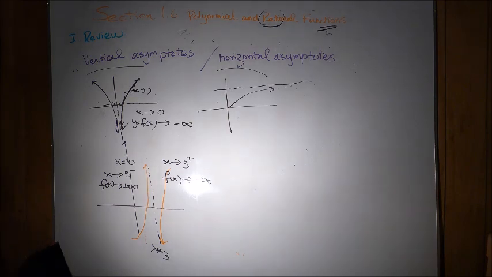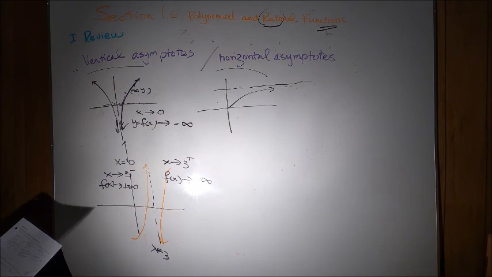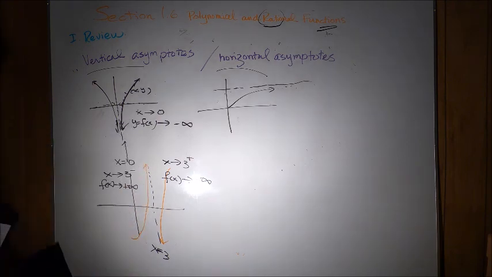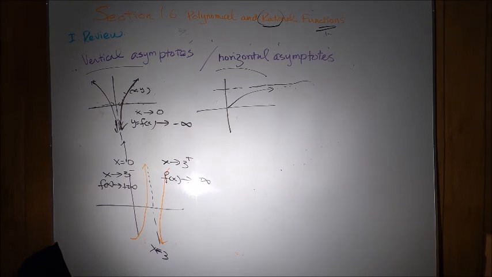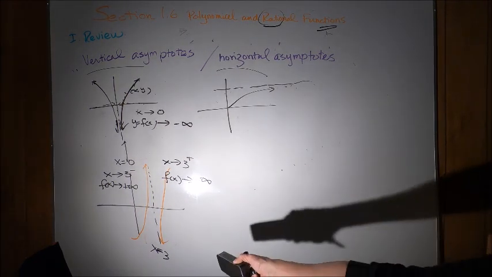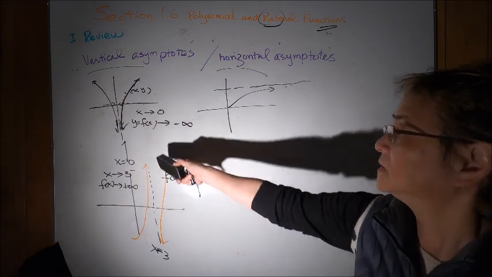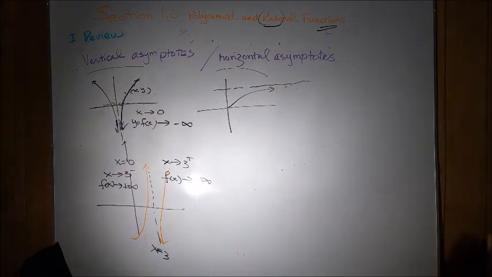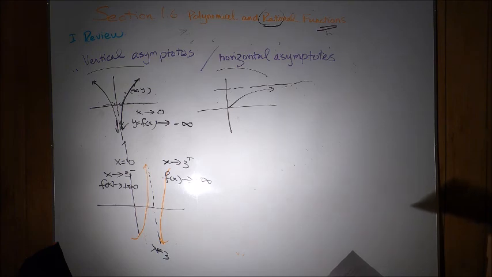So we have situations like that. It's bounded by x equals 3, the vertical line. So we call x equals 3 a vertical asymptote. That one, x equals 0, is the vertical asymptote.